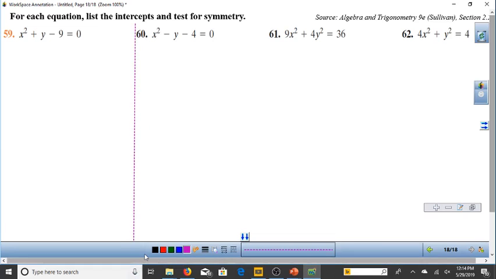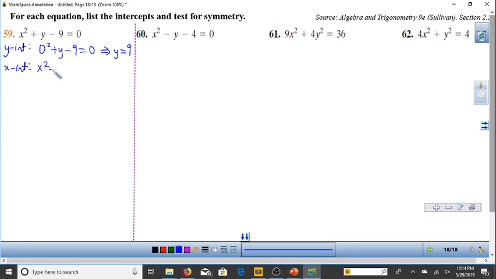So let's see. First of all, let's find our intercepts. For my y-intercept, I'm going to replace my x's with 0. 0 squared plus y minus 9 is equal to 0, which implies that y is equal to 9. And then for my x-intercept, I'm going to replace my y with 0.